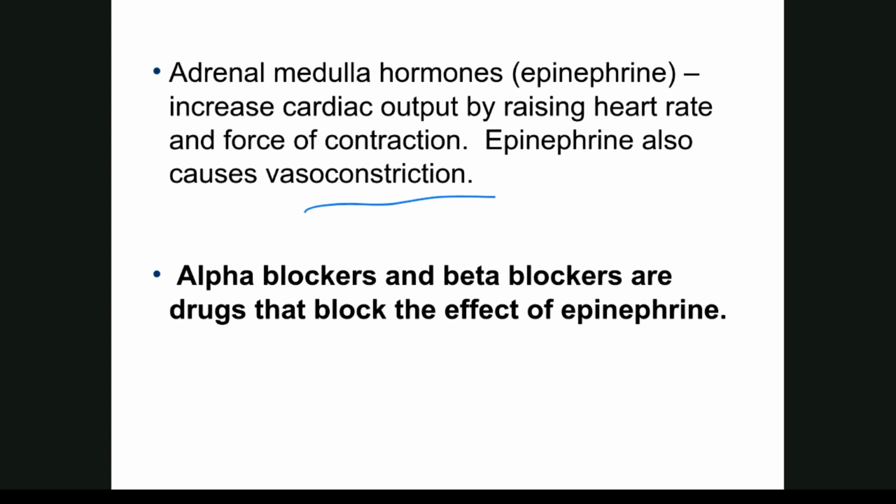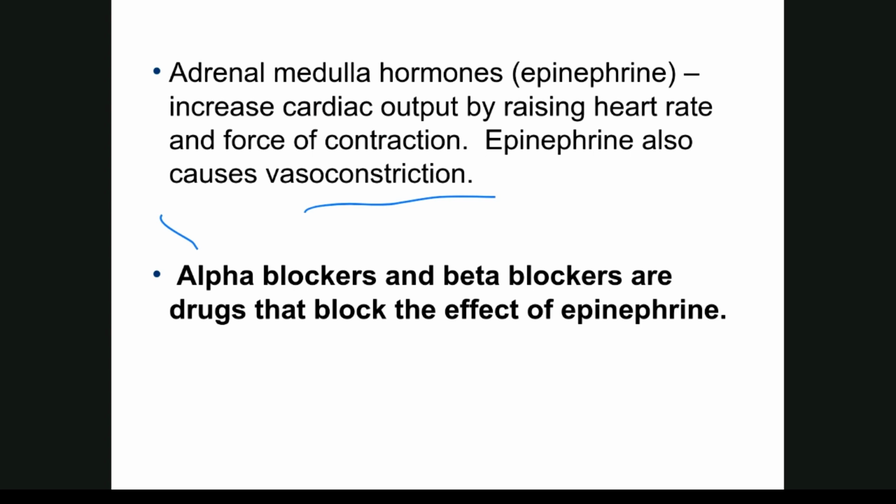Now, alpha receptors are very common in the actual vessels. Alpha receptors, I'm sorry, so an epinephrine receptor is in the vessels. So if you give an alpha blocker, epinephrine can't bind to those receptors, and you get vasodilation.